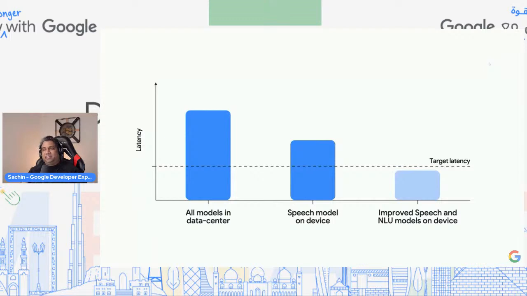Then recently, with improved speech and NLU models on the device with the help of the Tensor chip, that latency is down even further. We've improved the ability to have that fast, rapid conversation and get the information as quickly as possible, so that the assistant understands what exactly you're saying based on your context, intent, and so on.